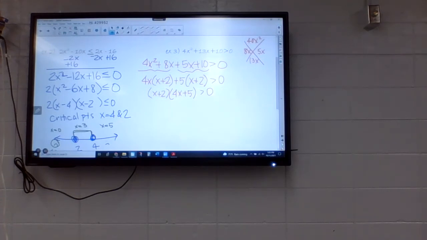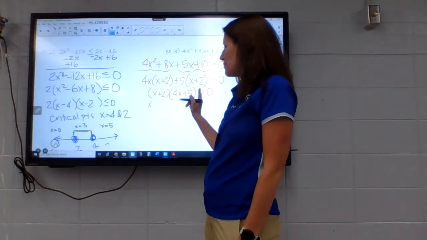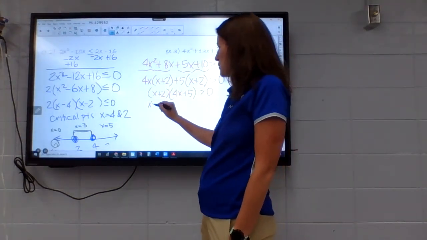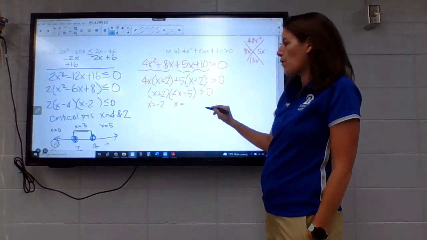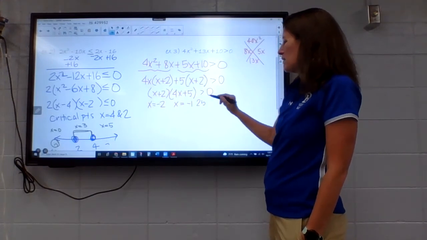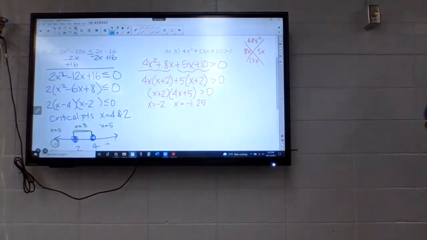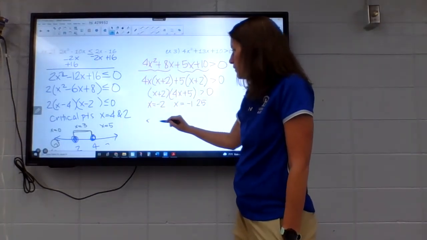My other one's a decimal, and so that's not great, but at the same time it's not impossible either, so don't let that freak you out too much. It's just going to be our test point's going to be a little bit weird on this one. So -2 and then a -5 over 4, so -1.25 is my other one, which is going to be a little bit dicey when we do that. You could call it -5/4 as well, whatever you prefer.